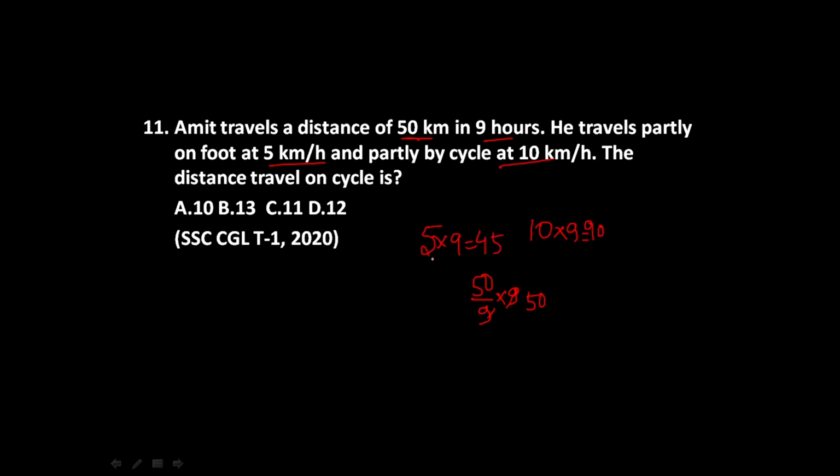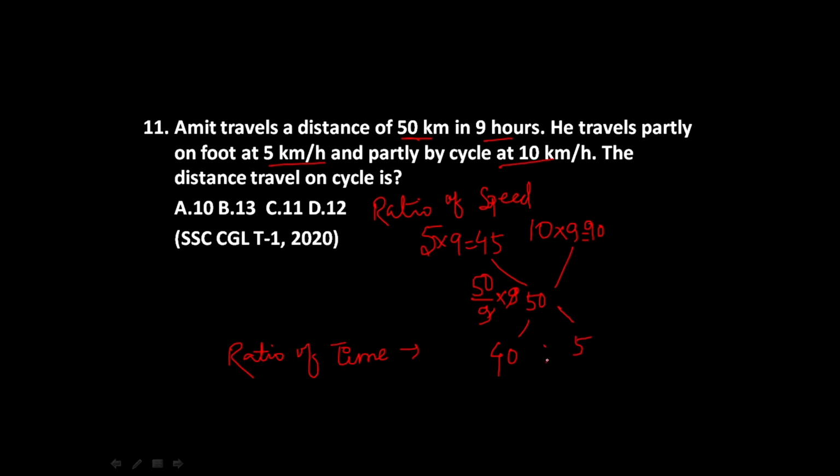So we can allegate. This is the ratio of speed, clear? So on the other side, what will we get? We will get the ratio of time, clear? What is the ratio of time? It is 40 and this one is 5. So it is 40 is to 5, means 8 is to 1.